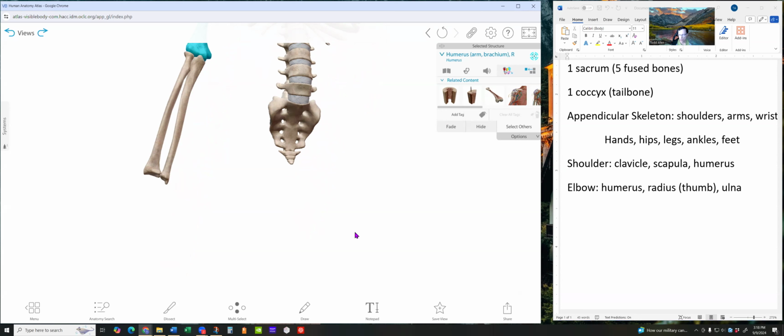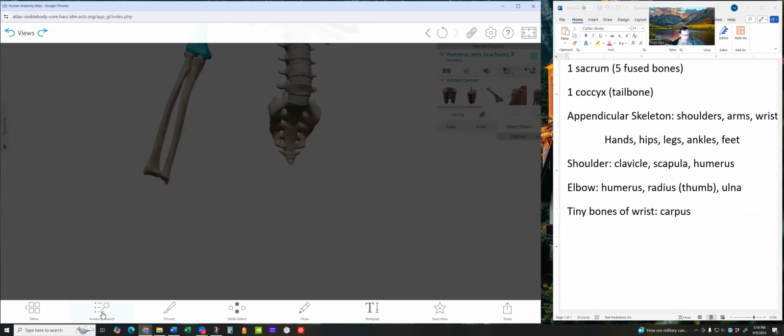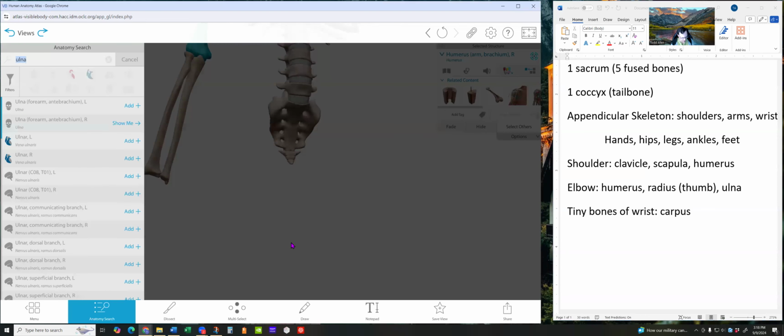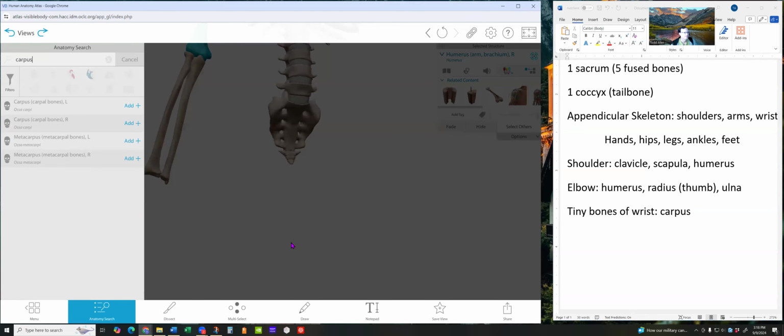And there's a nice way to bring them up in the software. What you're going to want to do in the software, and I'll put this in here, tiny bones of the wrist. You can bring them in as a group by doing an anatomy search for the term carpus, C-A-R-P-U-S. So let's go down to anatomy search and type in carpus, C-A-R-P-U-S.